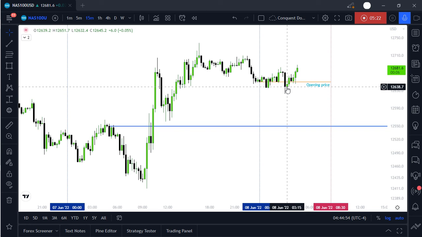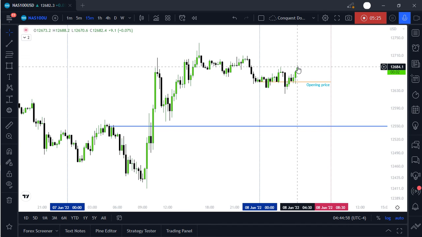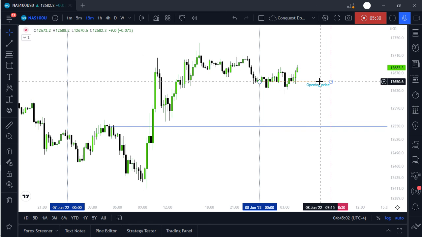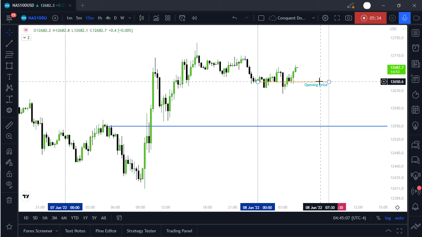So my initial bias, if it's bullish, I would like to see if price is going to reach the New York Open below this opening price, that would be quite a good setup.